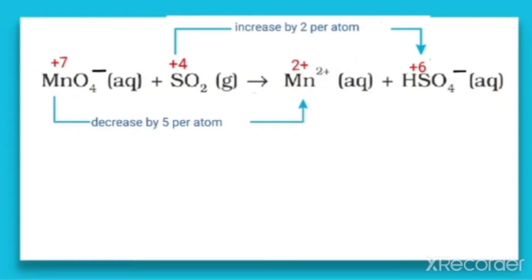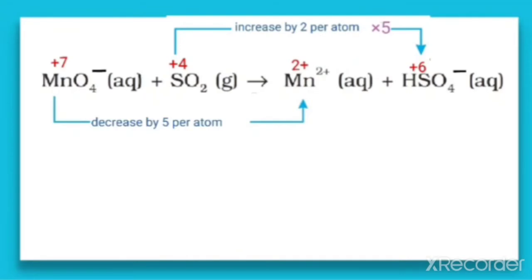So here there is a decrease by 5 per atom, and the other one is an increase by 2 per atom. That is 5 and 2. How do we equalize this? By multiplying the 2 with 5, so we get 10.